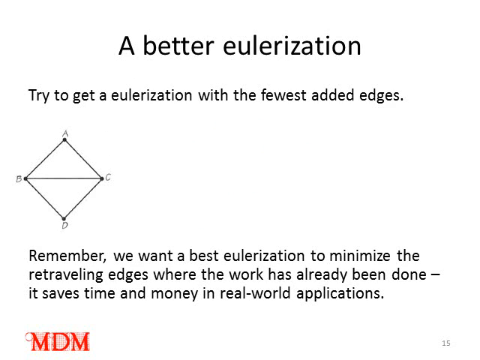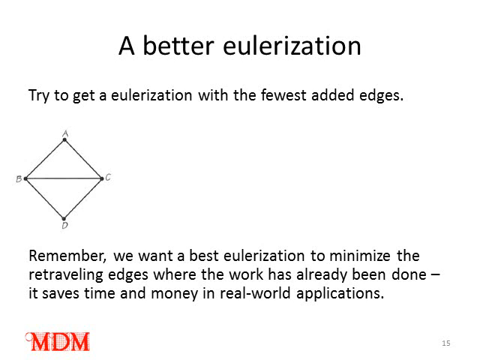We want to get an Eulerization with the fewest added edges. Remember, we want a best Eulerization to minimize the retraveling edges where the work has already been done, because it saves time and money in real-world applications.